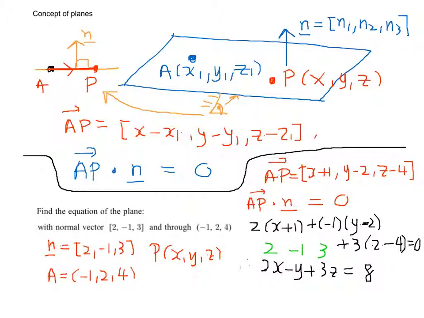Also, this value 8 is in fact the dot product of vector n and the position vector of A. You can try this: if you dot n and the position vector of A, you end up getting 8.